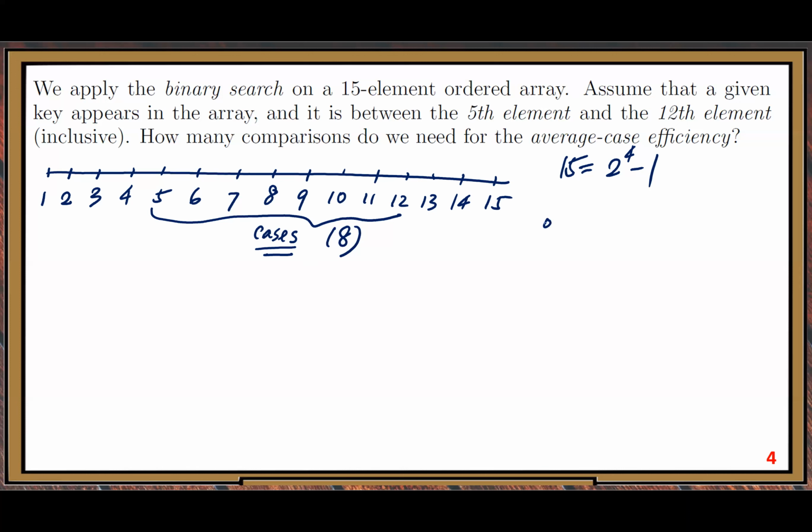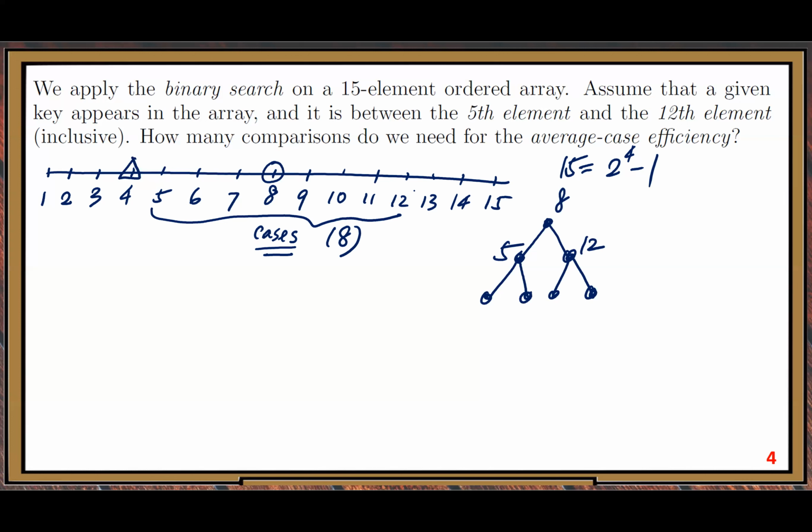Let us draw the complete binary tree. When we draw, let us put the numbers there. 8 first. After 8, 4 here, sorry, not 5, 4.